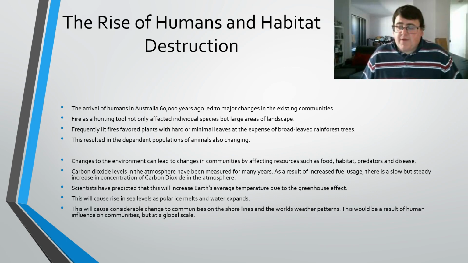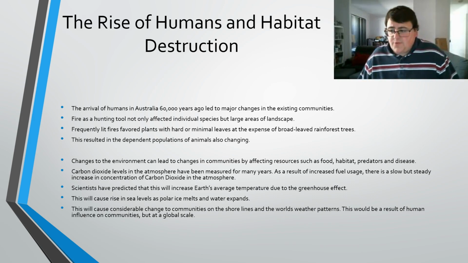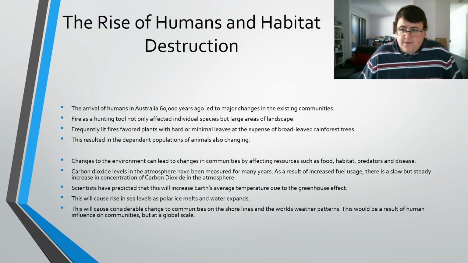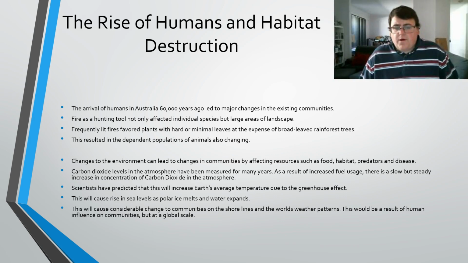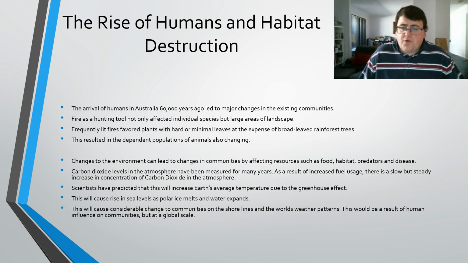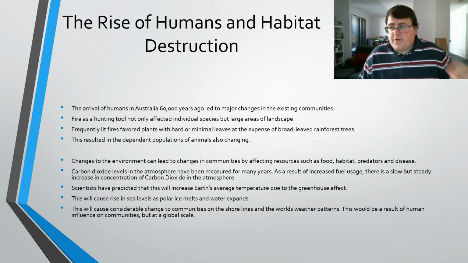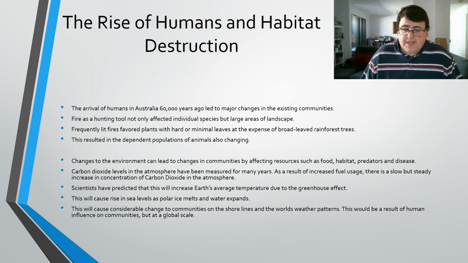Whereas our broad-leaved rainforest trees, well, they obviously couldn't survive those fires, and they went extinct. Now, because those trees went extinct, that's obviously a habitat for something. Our native Australian animals that like those trees start to go extinct. Therefore, the populations of animals in Australia also had to change because of us coming to Australia and using fire as a hunting tool.